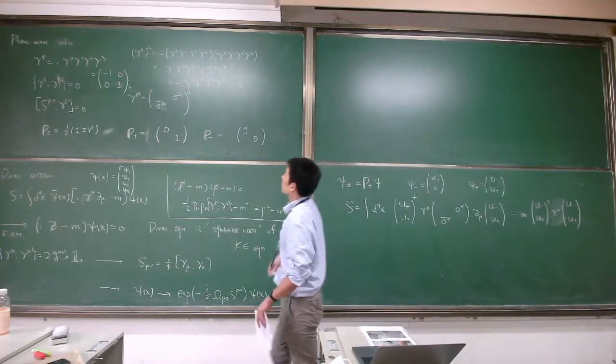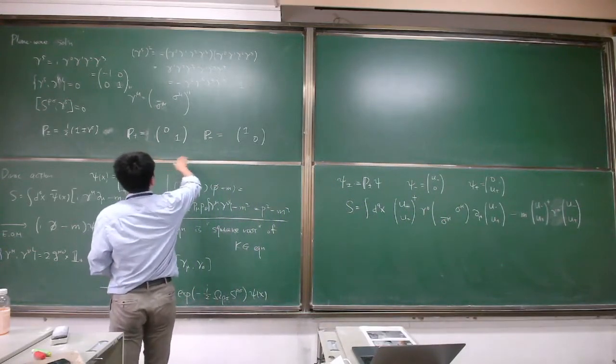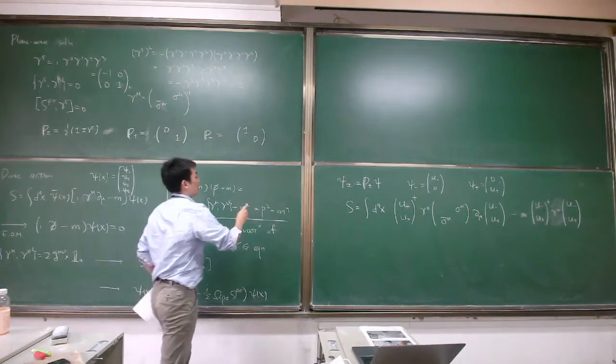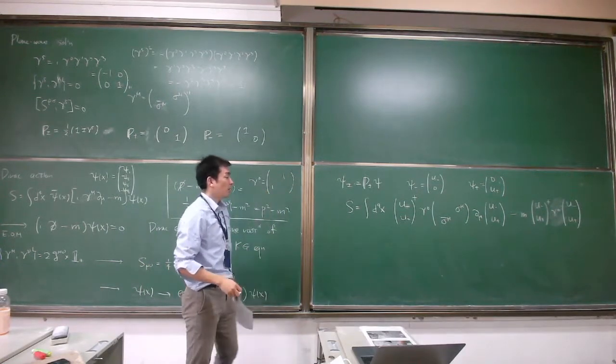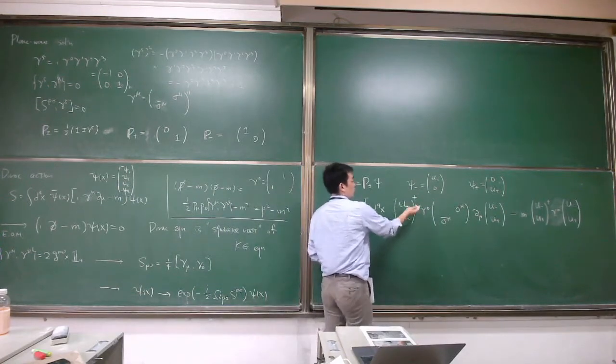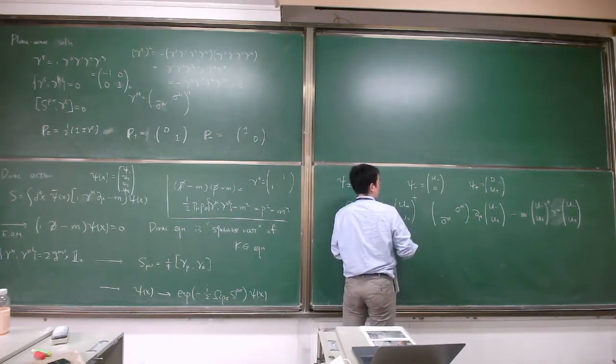Then again, we know gamma 0 is something like 1, 1 in our basis, so therefore it exchanges u minus and u plus, and then becomes like this.